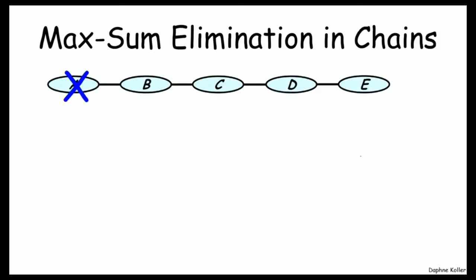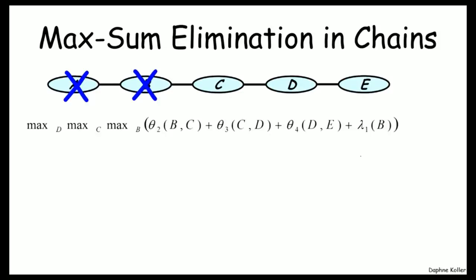So now that we've defined these two operations, we can go back and define the max sum variable elimination in chains as a set of factor operations, where I eliminate A, then B, and so on and so forth. So for example, having eliminated A as in the previous step, I can now do the exact same operation by noticing that the only factors that depend on B are theta 2 of B and lambda 1 of B. So these other two I can move outside of the maximization.